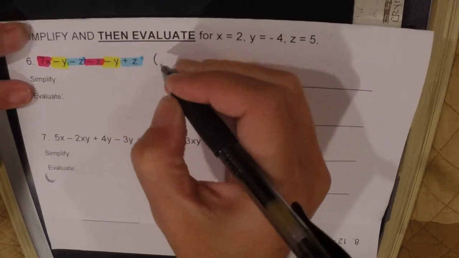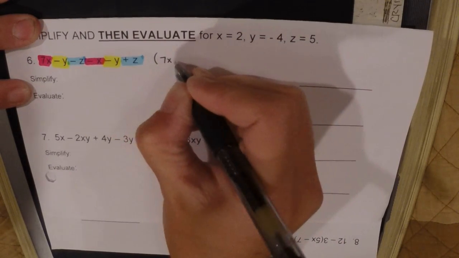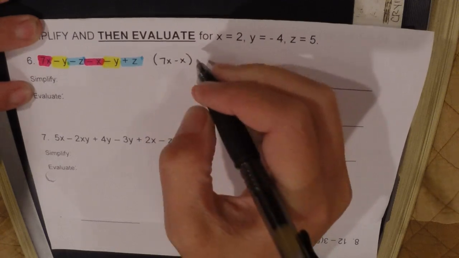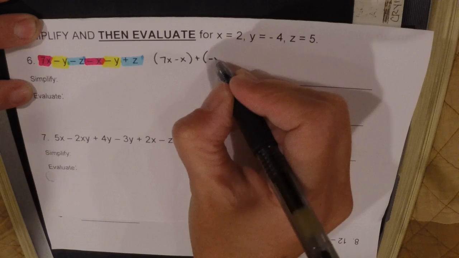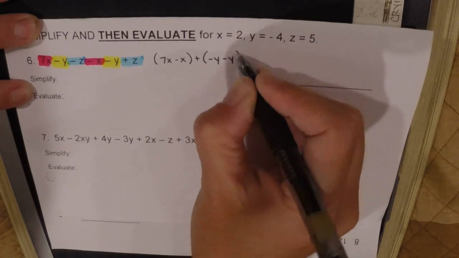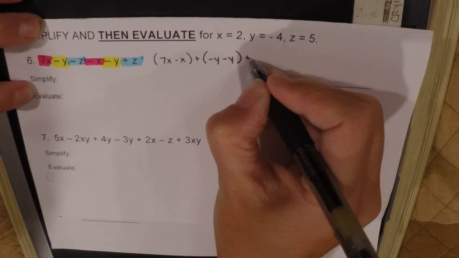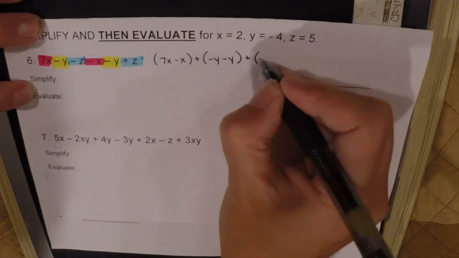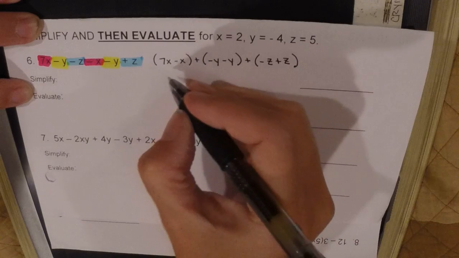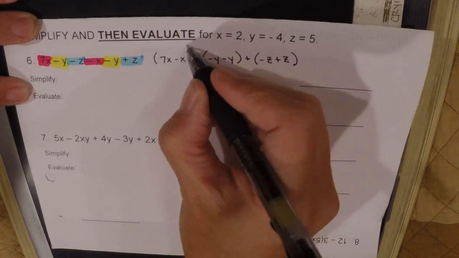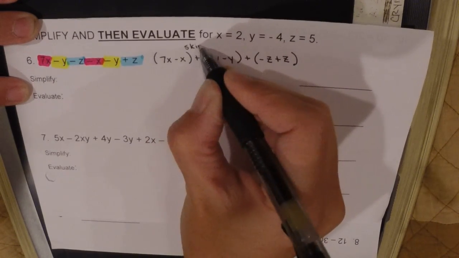So if I did the pink, it would be 7x minus x. And again, it's always a plus. And then if I do the y's, minus y minus y. And then always a plus. And then we could do our blues, minus z plus z. But again, feel free to skip this step. You can skip if you want.